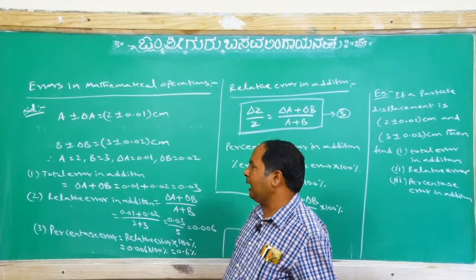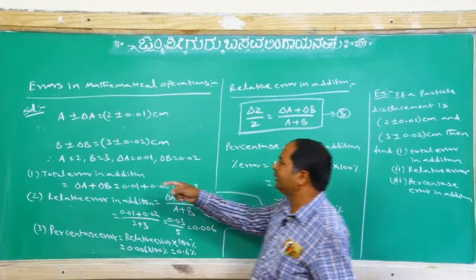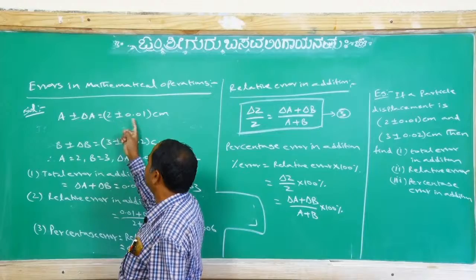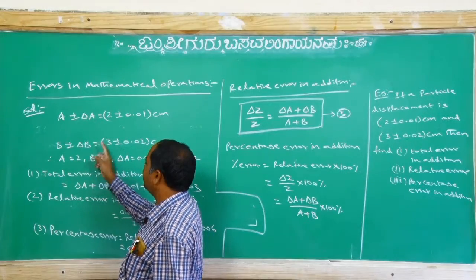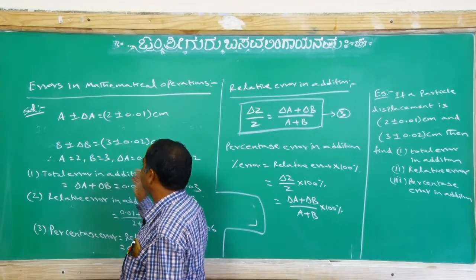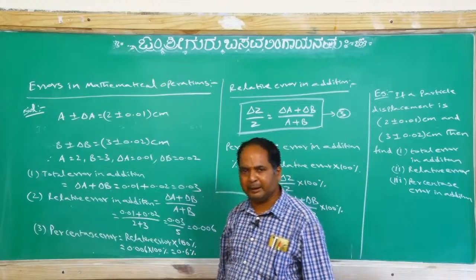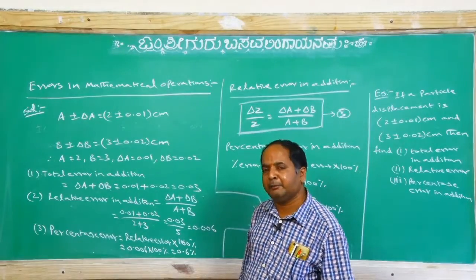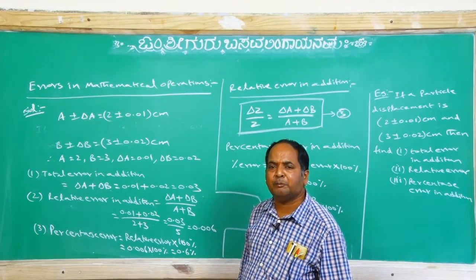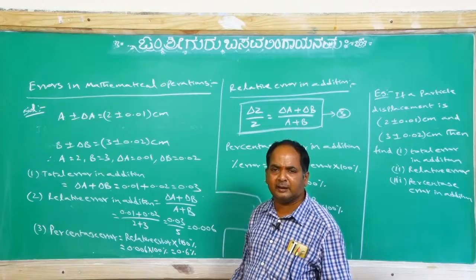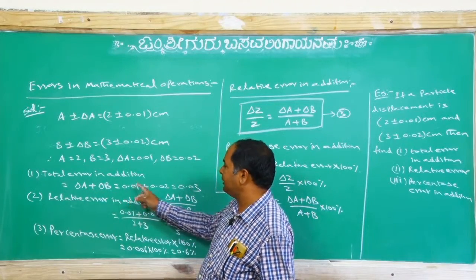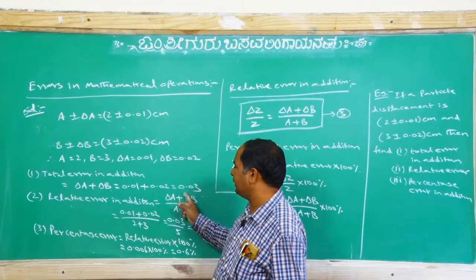Comparing these two, A is 2, delta A is 0.01, B is 3, delta B is 0.02. No need to write plus or minus. Now the total error in addition, the maximum error, is delta A plus delta B. Always consider that as the total. That means 0.01 plus 0.02, 0.03.